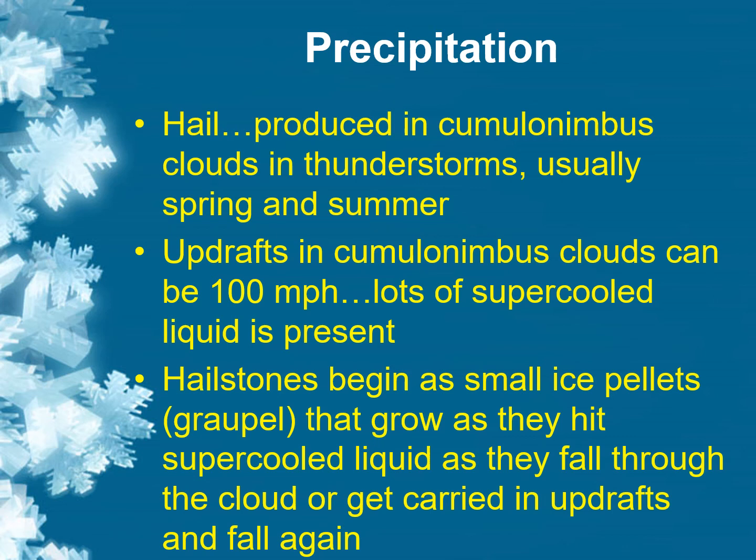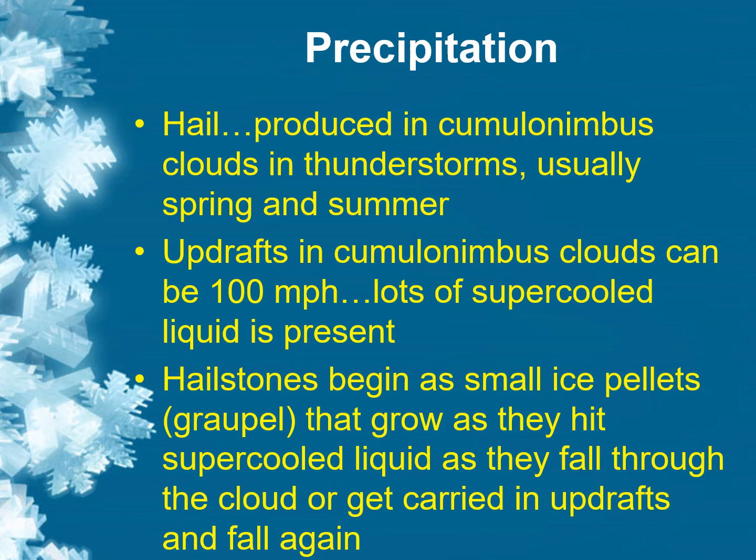So you have these really fast updrafts present in the cumulonimbus clouds. They can be moving at 100 miles per hour, and you've got all this supercooled liquid present. So the hailstones begin as small ice pellets called graupel, and they are going to just go up and down through that cloud with the updrafts and downdrafts.